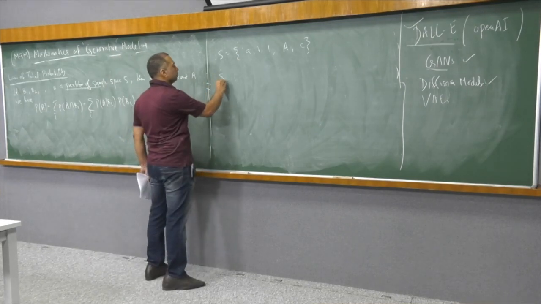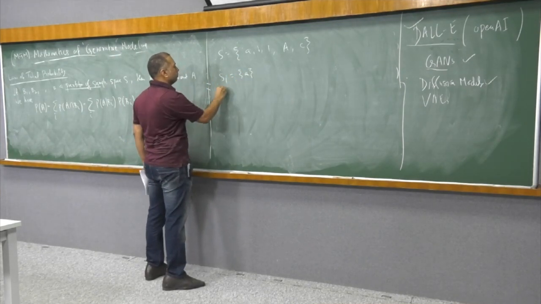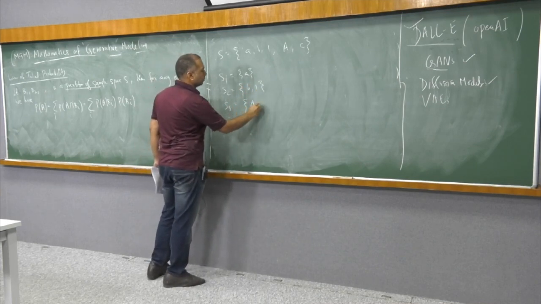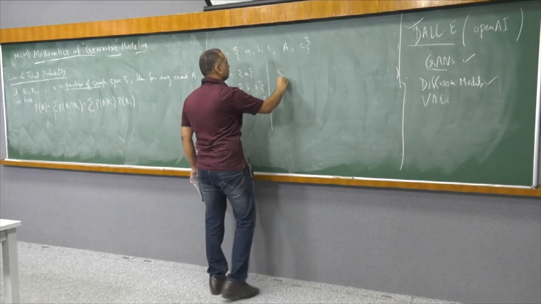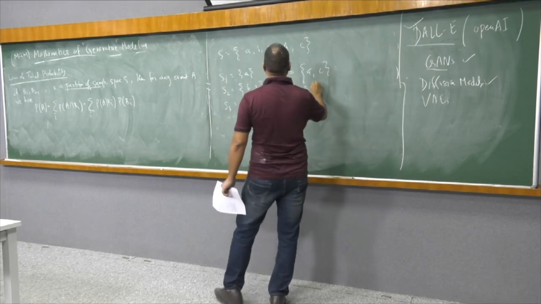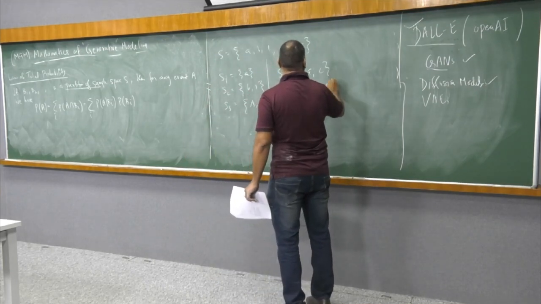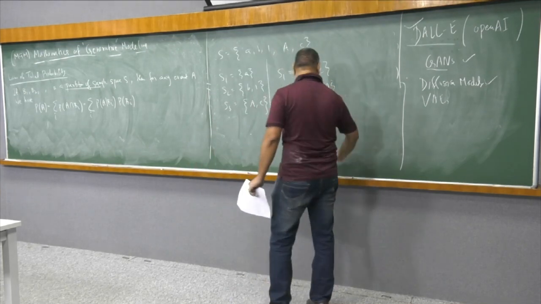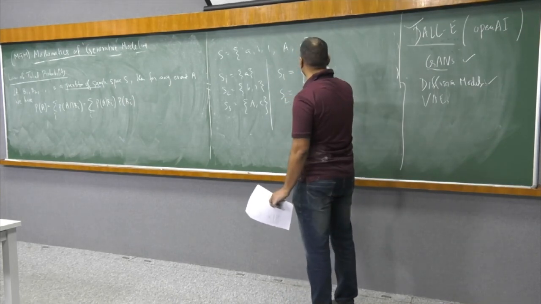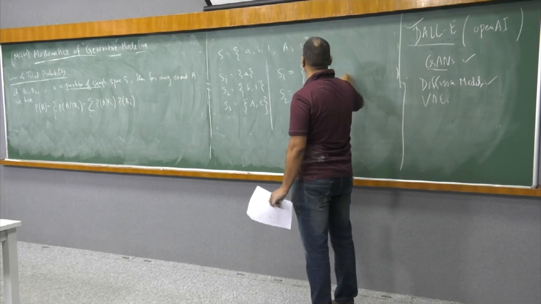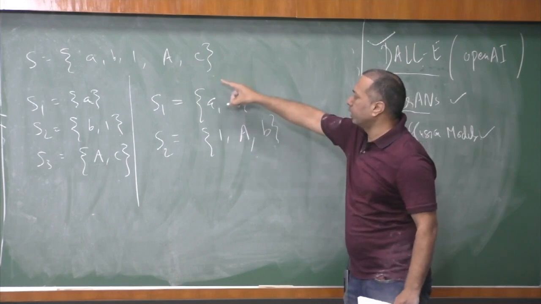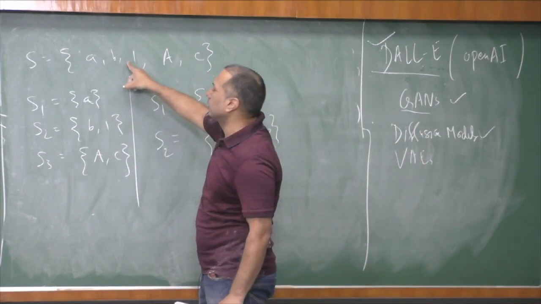So a possible partition for this is A, and a set can have many types of partitions. Another partition could be different, and it does not necessarily have to have 3 parts. A partition can be in many different ways. So partition means that the intersection is empty and the union is the whole set.